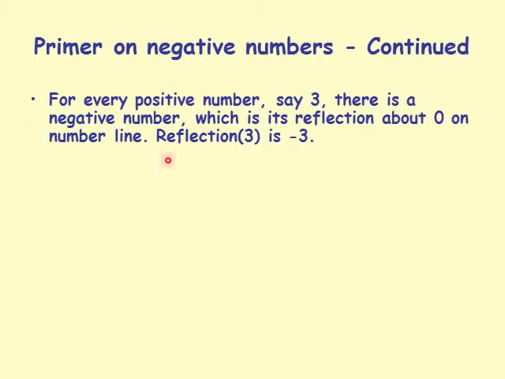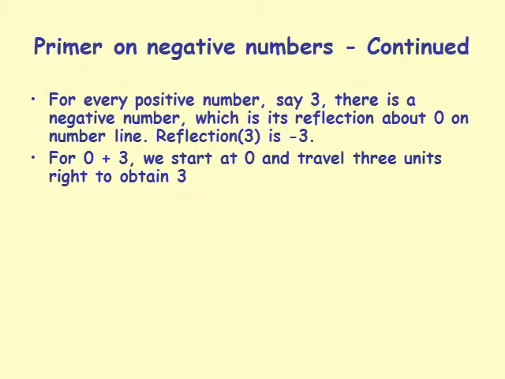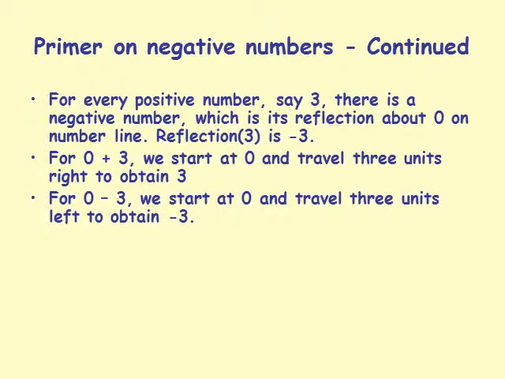If you go 0 steps to the right from 0 and go back 0 steps to the left, you're still at 0. To get to 3, we start at 0 and go 3 steps to the right. For -3, we start at 0 and travel 3 units to the left.